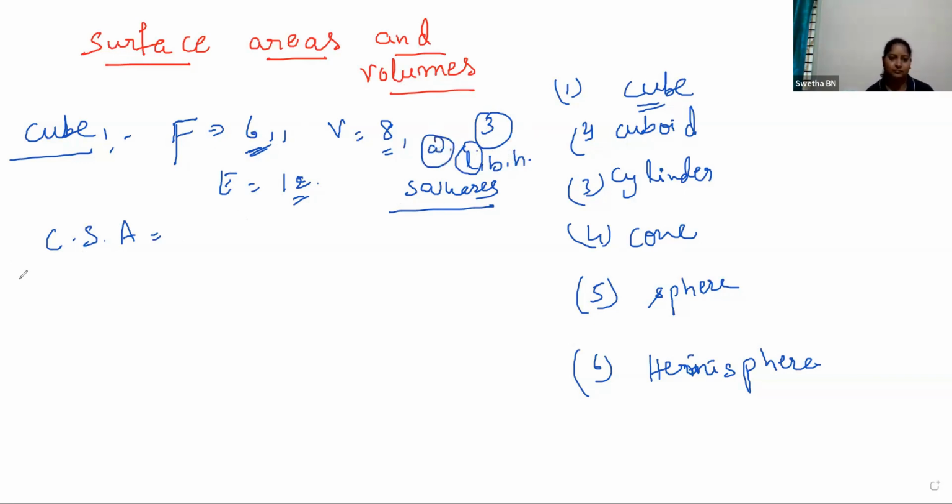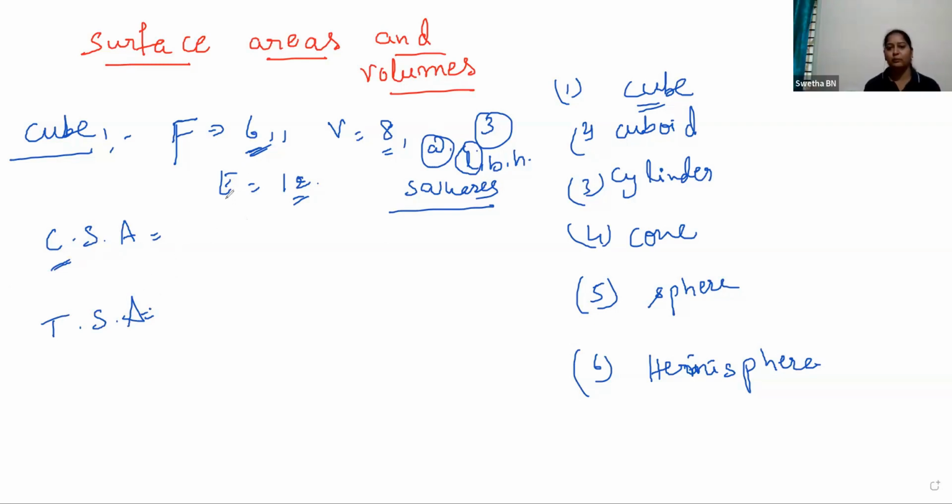So what is curved surface area and total surface area? Total 6 faces are there, but for curved surface area, how many faces do we take? Ma'am, 4 faces.